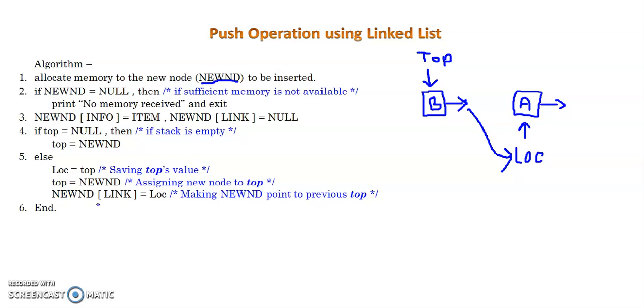The link part of new nd will now point to lock, the temporary variable in which we saved the previous top. So whenever we make this link, it points toward the previous top. So now the link is connected. Using this method, you can push any new node to the stack using a linked list.